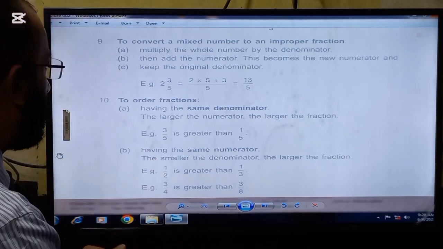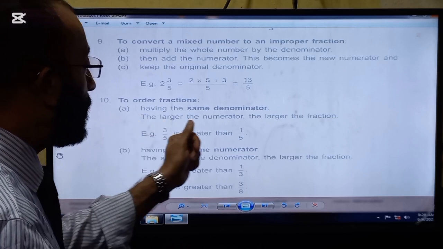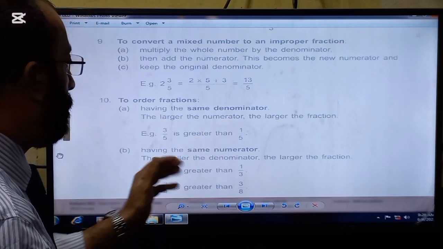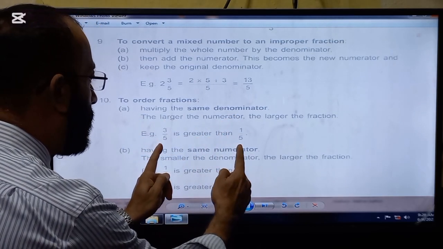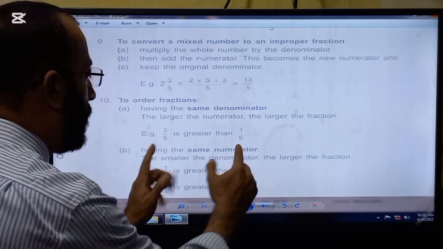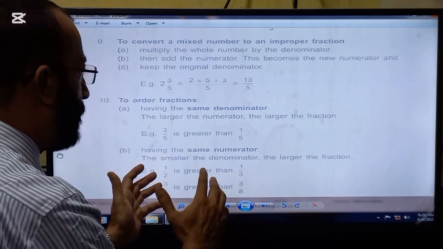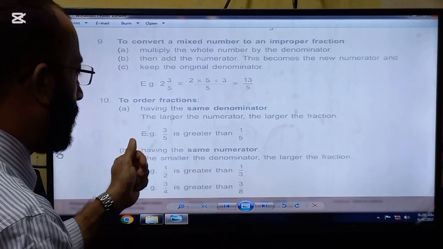The next concept is to order fractions when having the same denominator. For example, here are 2 fractions which have the same denominator, and if we are required to decide which one is greater and which one is lesser, then listen.